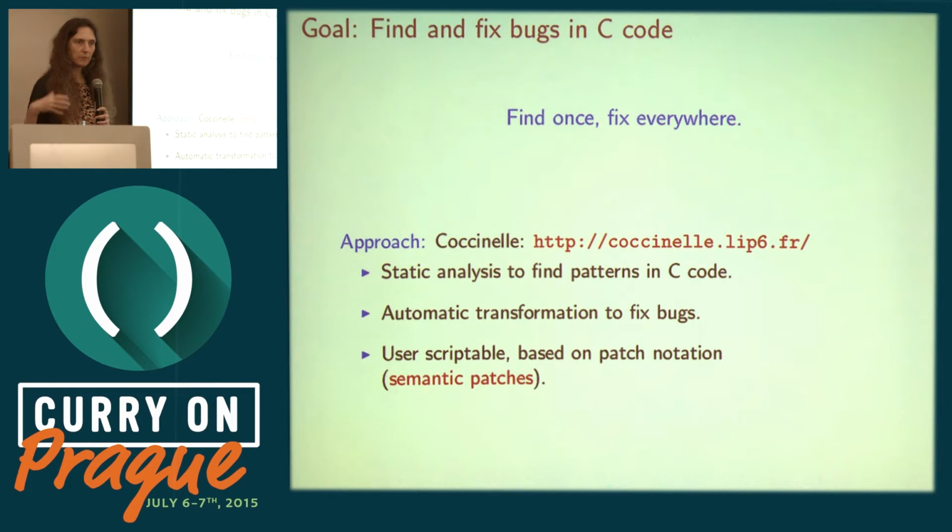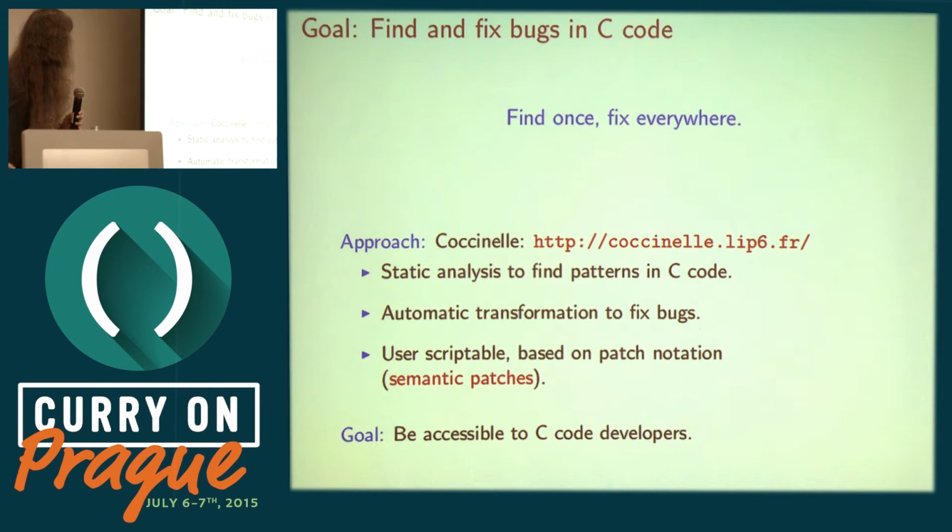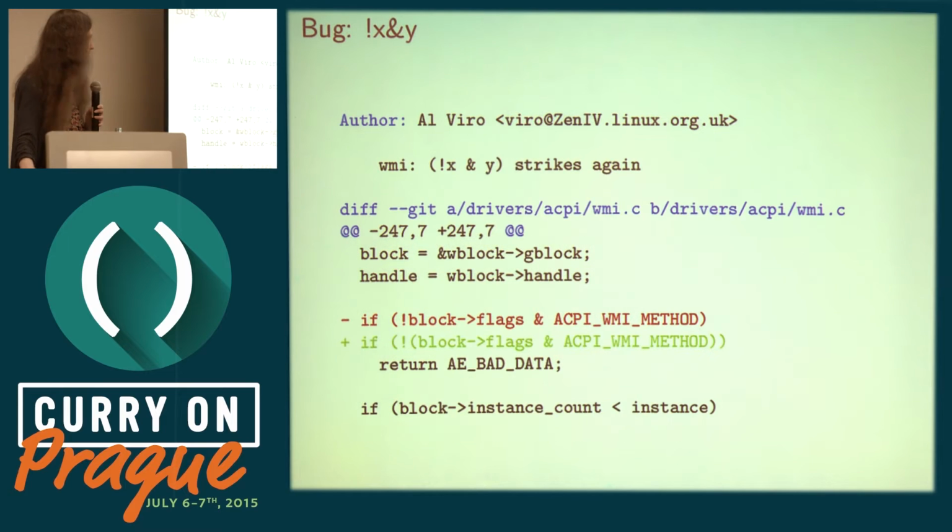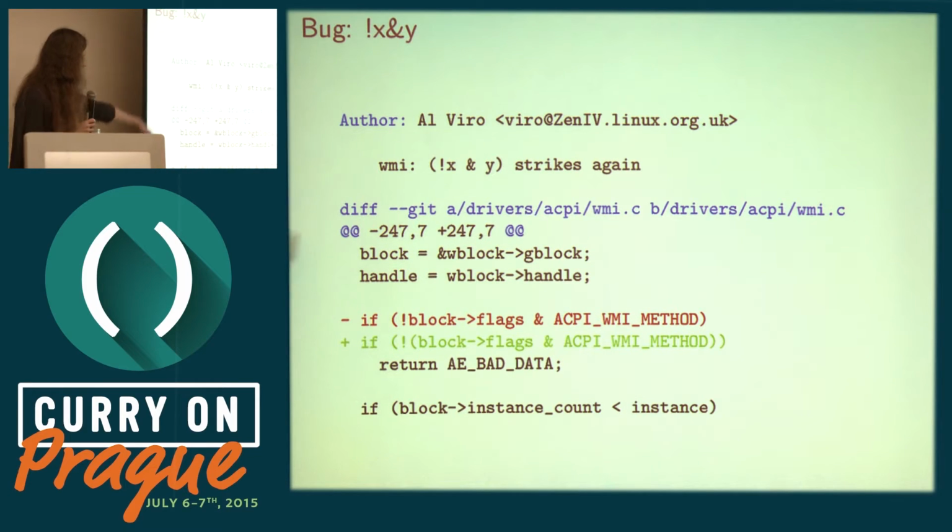This is very familiar. First you use a diff, then you can use patch. It also uses the same notation. And so we want people to be able to express things in the way they're used to already reasoning about their code. So the goal is to be as accessible to C developers as possible while still being able to do interesting things. So go back to our bug.